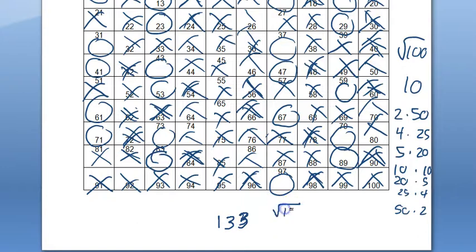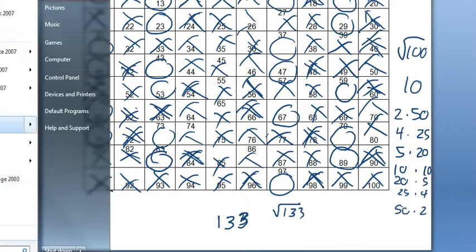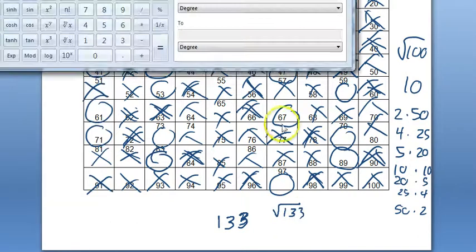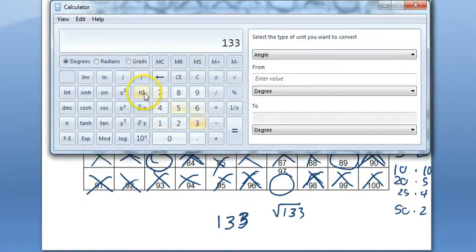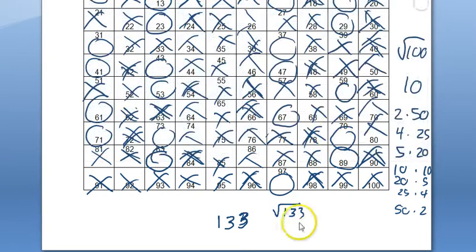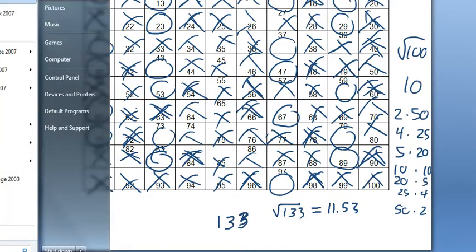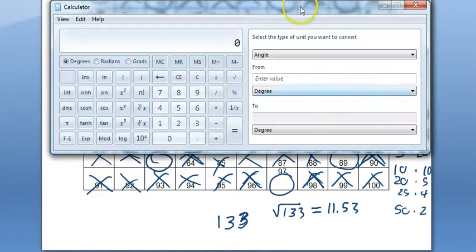If you take the square root of 133, where's my square root? Right there, 11.53. So that means we'd have to test the primes up to 11 to determine if it's composite or prime. So let's test it.